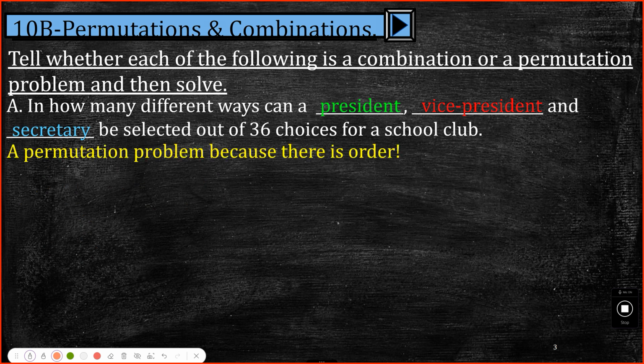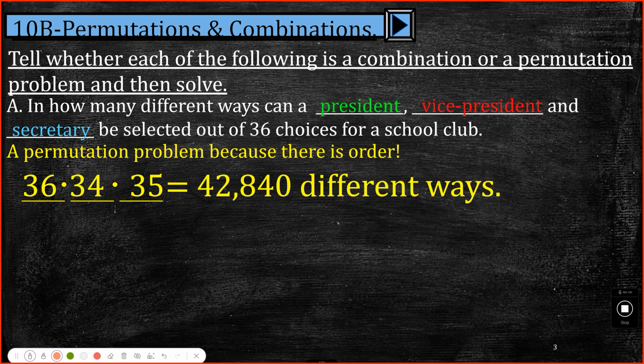It's a permutation problem because there is order in it. And 36 times 35 times 34 is what? Somebody get your calculator. I don't have one. 42,840 different ways. That's how many different permutations of that situation.